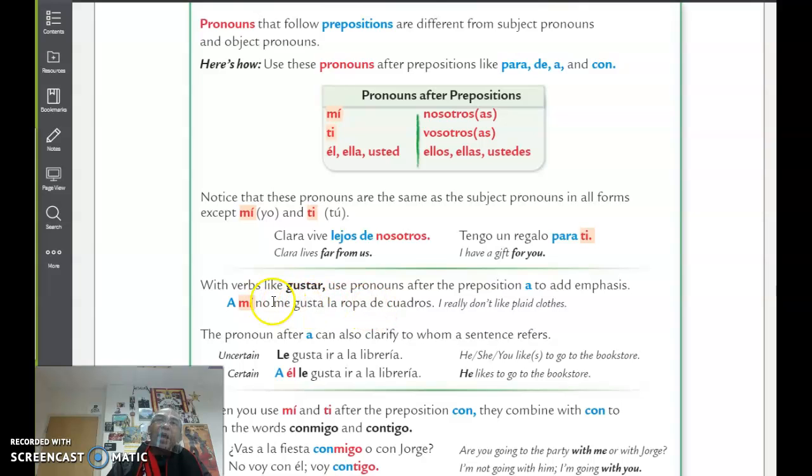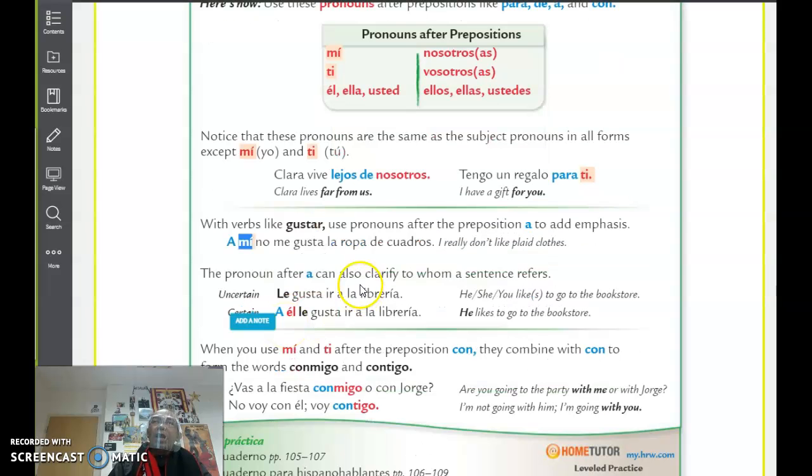So saying, I really don't like plaid clothes. A mí. So you're going to use a before the pronouns after prepositions to make emphasis, as you can see. The pronouns after a can also clarify to whom a sentence refers.